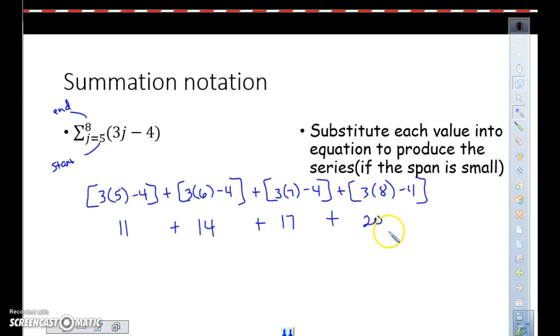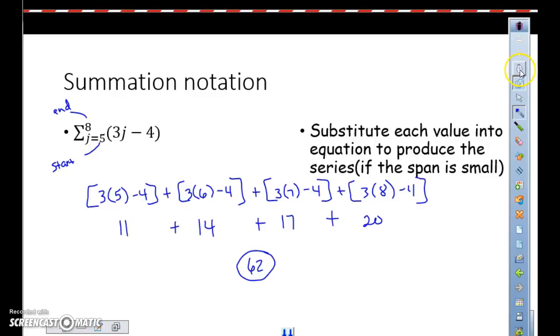And then we're just going to add all that together in our calculators, and we're going to get 62. Now this only works if the span between the start and the end is relatively small. It would work if the span's really big, but again, it's going to be super time consuming.